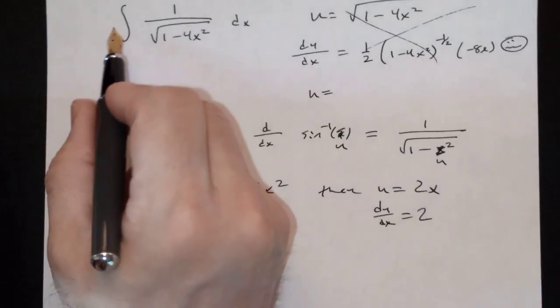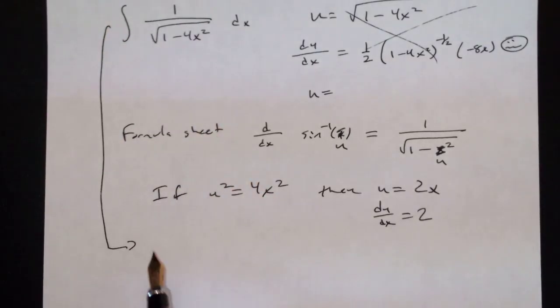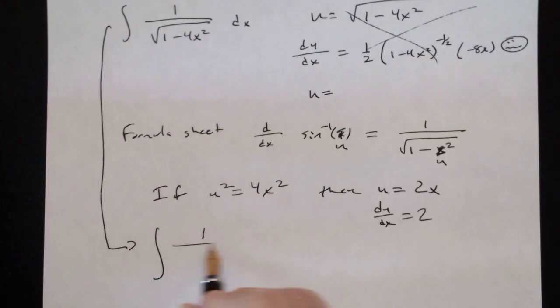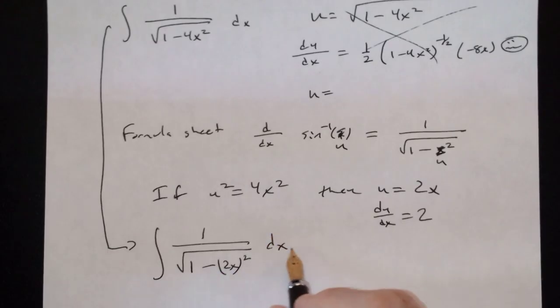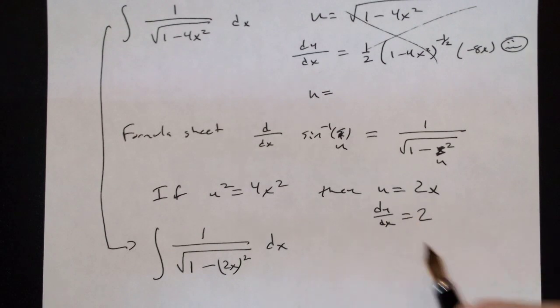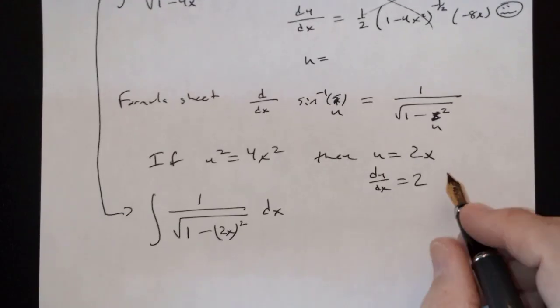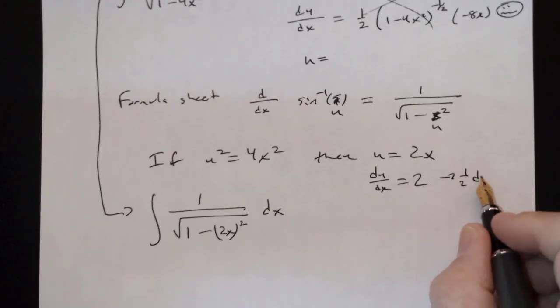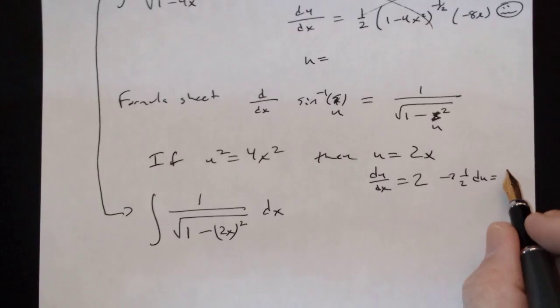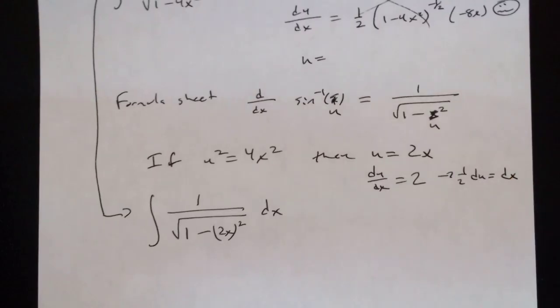So I'm actually going to take this integral and write it as the integral of 1 over the square root of 1 minus 2x quantity squared. And now I can do my substitution. Oh, I have to rearrange my differential. So I get, again, 1/2 du equals dx.